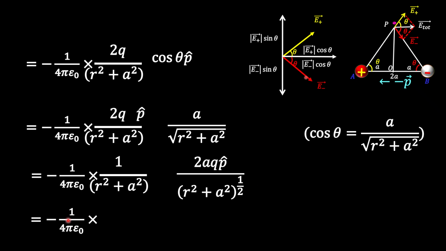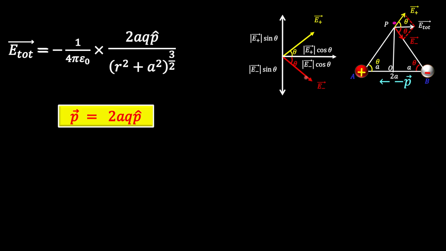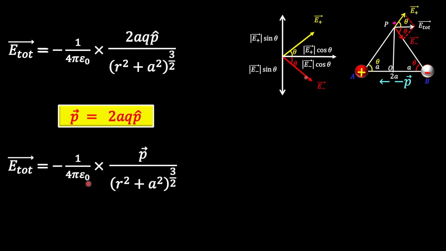So we get minus 1 by 4 pi epsilon naught into 2aq p cap divided by r square plus a square whole power 3 by 2. We know that p vector is equal to 2aq p cap. So substituting this p vector, we get E total vector is equal to minus 1 by 4 pi epsilon naught into p vector divided by r square plus a square whole power 3 by 2.